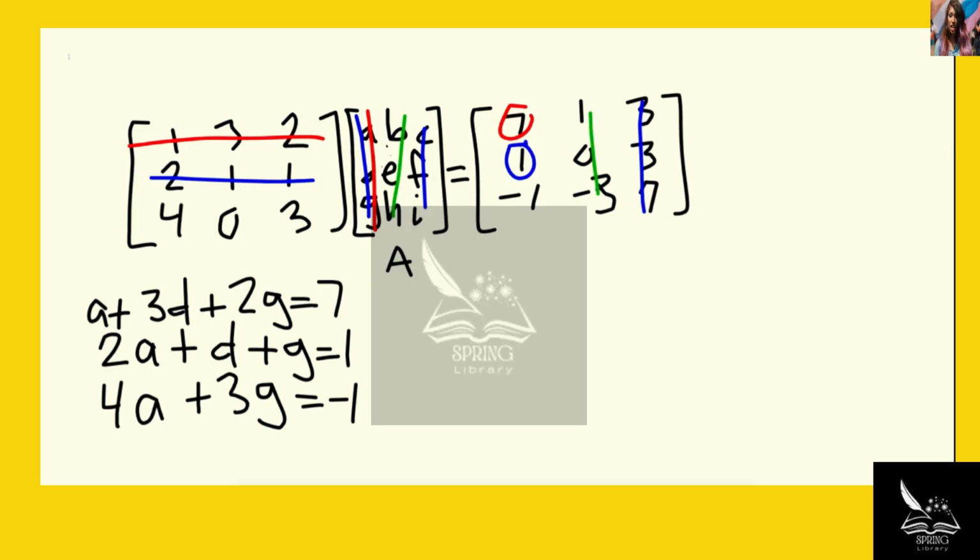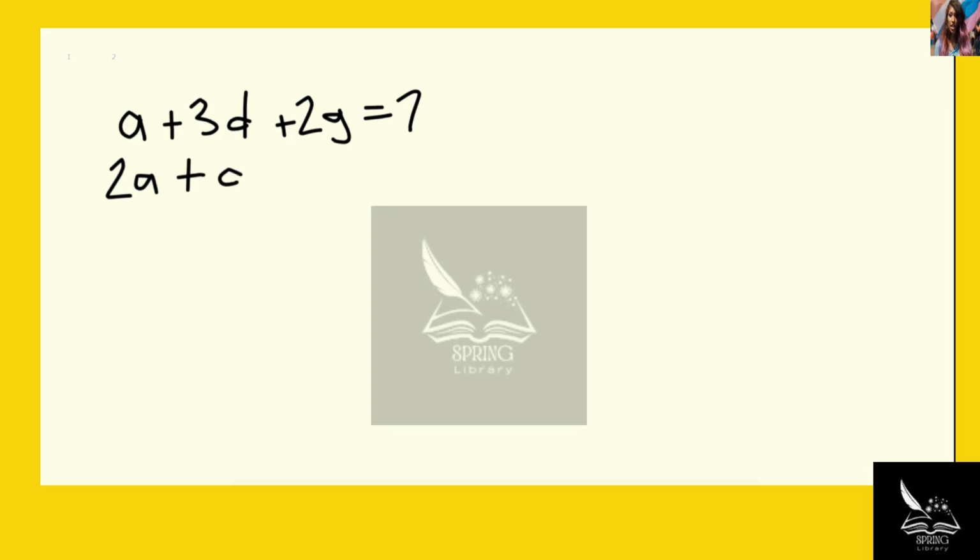And then we solve those, and that'll give us A. Okay, so if we want to solve this first one, all right, so we'll start with A plus 3D plus 2G is equal to 7. 2A plus D plus G is equal to 1. And 4A plus 3G is equal to -1.